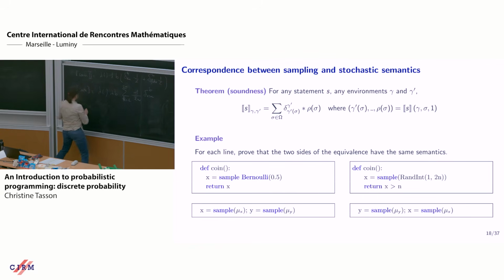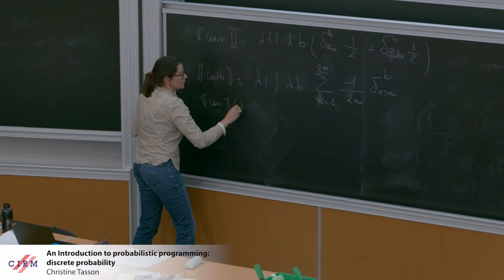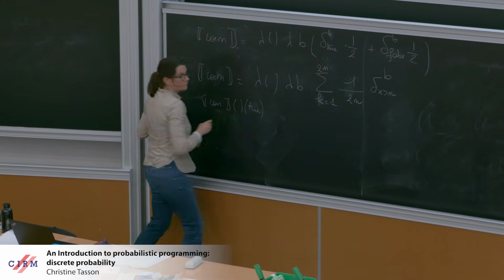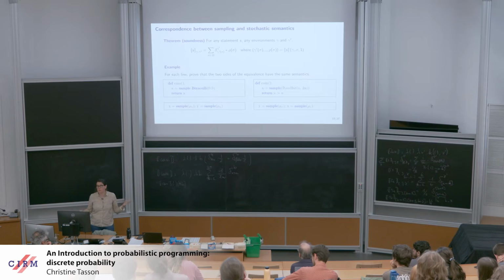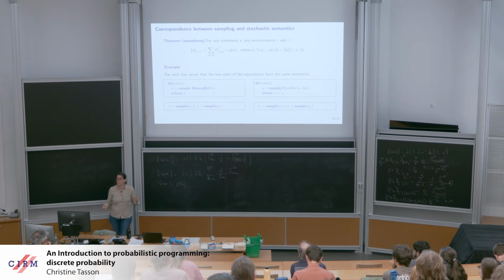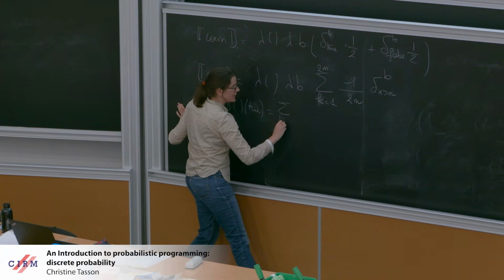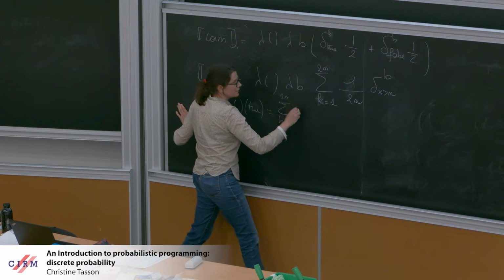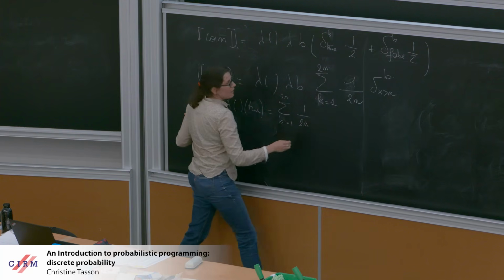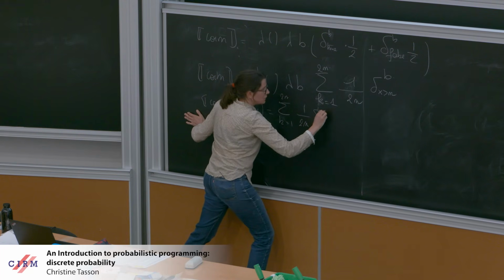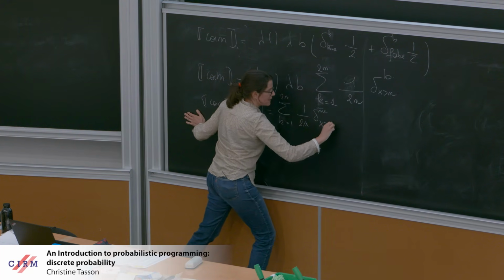Let's assume we compute coin true. Because it's a Bernoulli, we only need to know the bias. So we only need to know the probability of getting true. So it's the sum from k equal 1 to 2n of delta true, x is bigger than n.